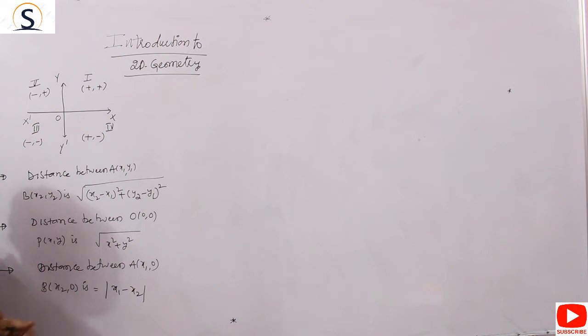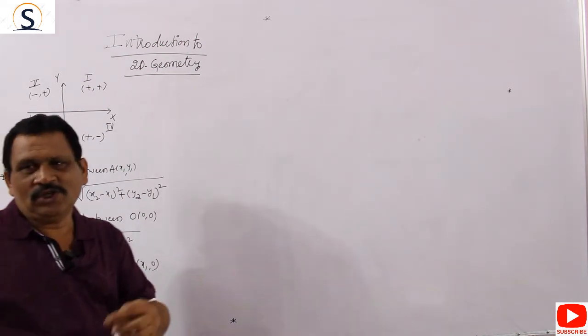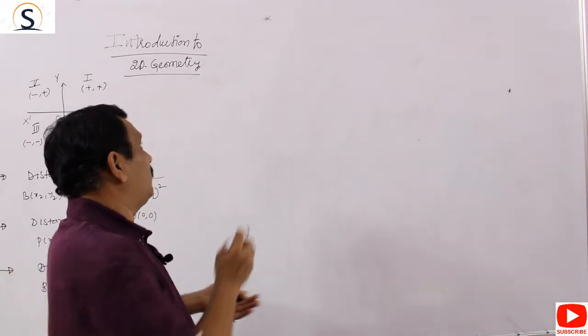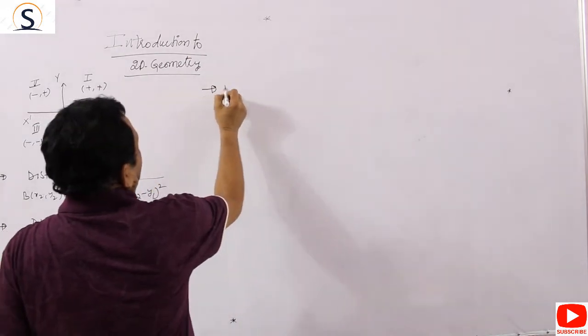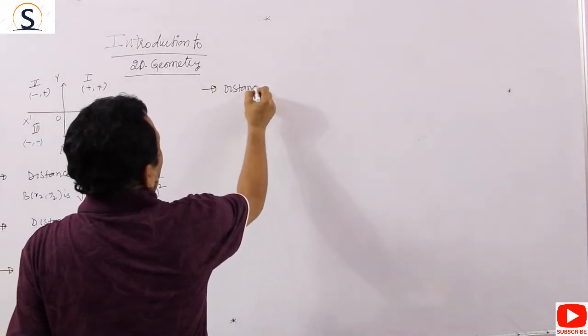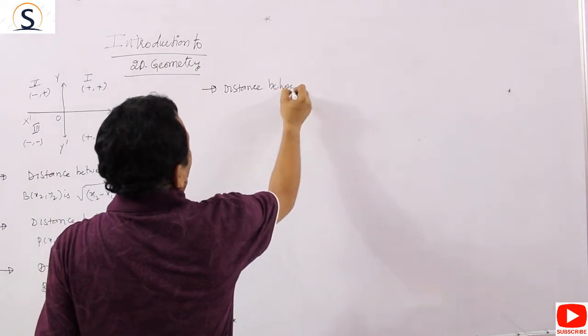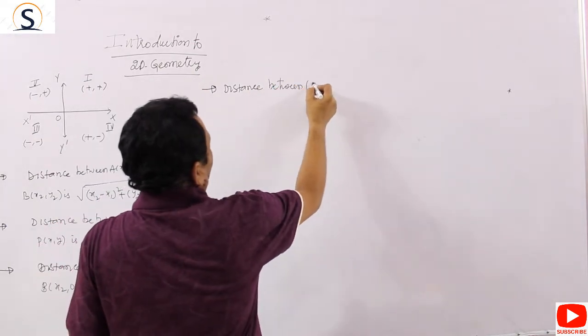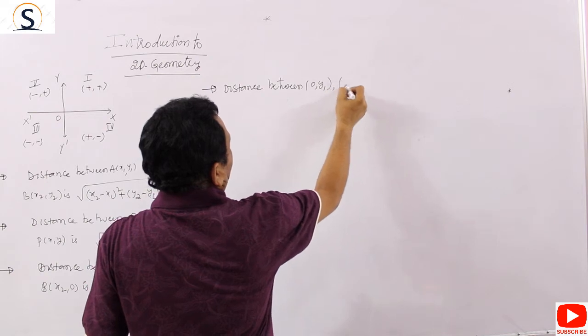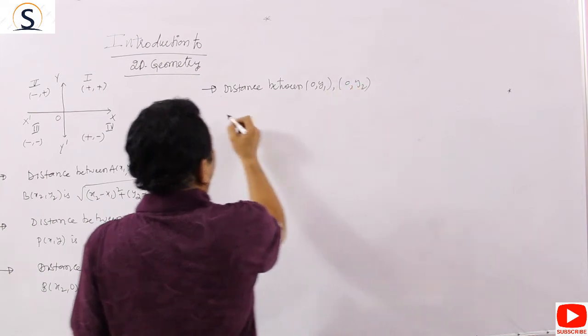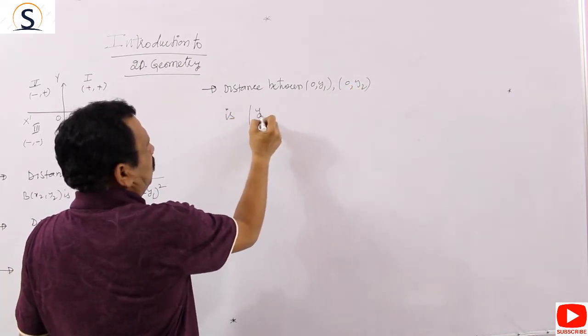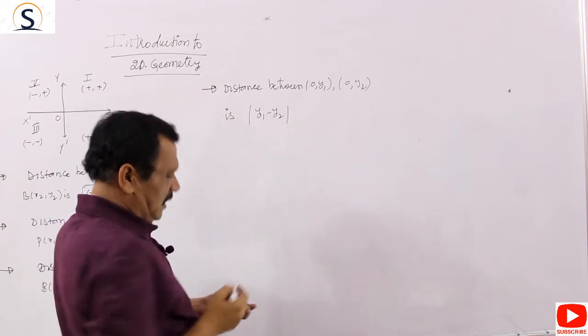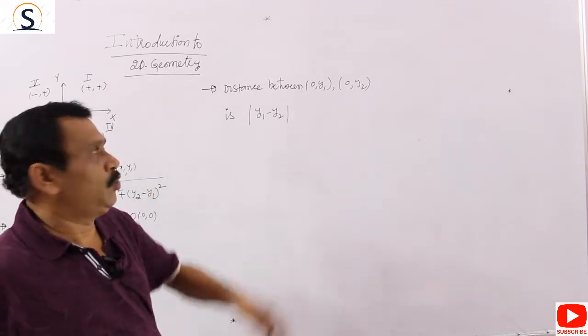Then it's a modulus. Similarly, points on the y-axis are (0, y1) and (0, y2). So the distance between (0, y1) and (0, y2) is modulus of y1 minus y2. This is the distance between 2 points.